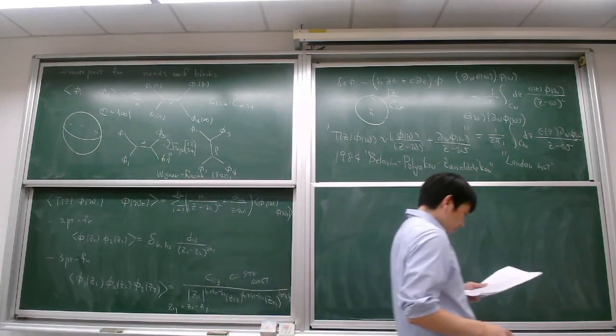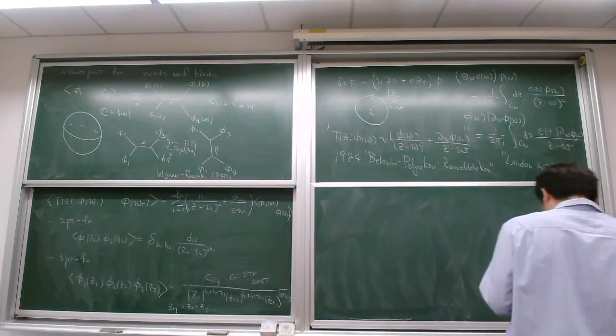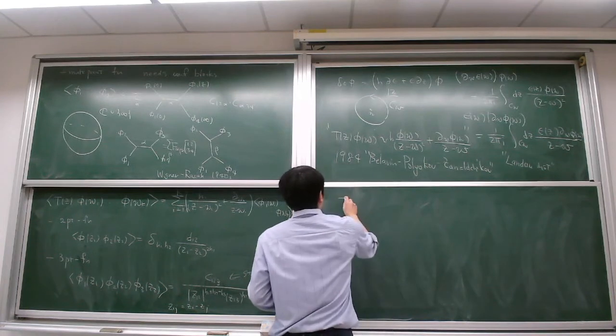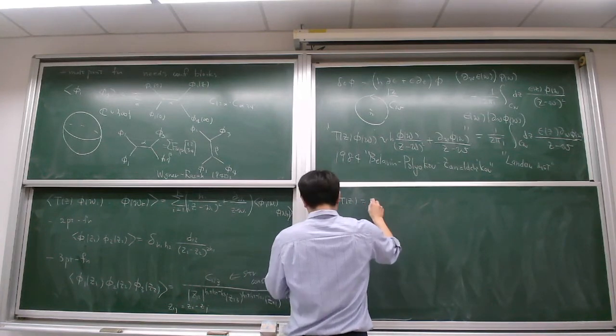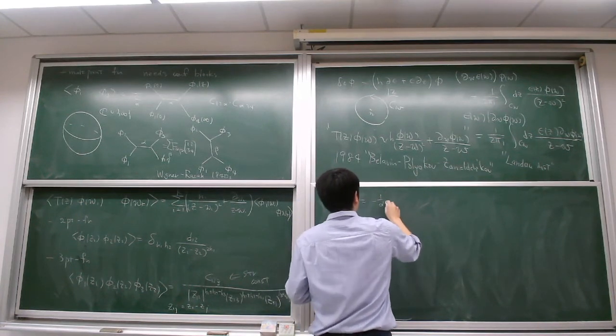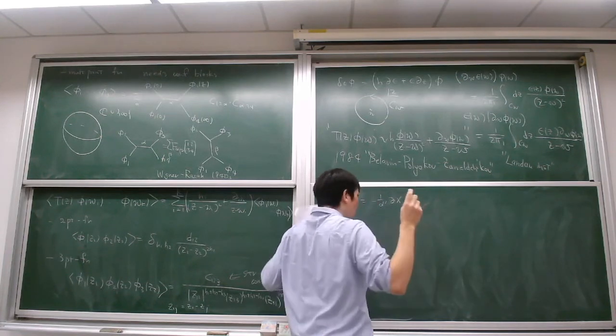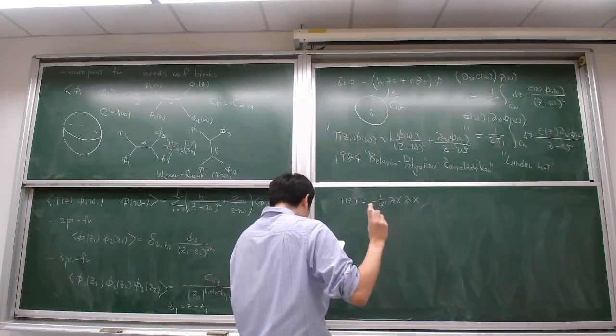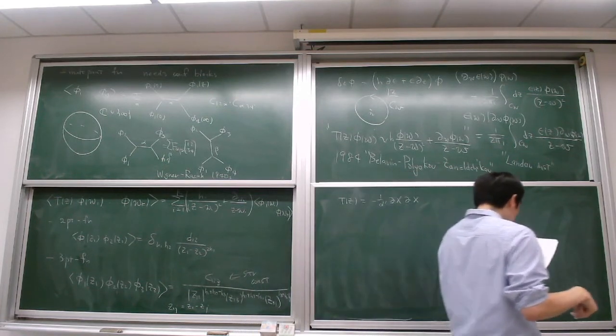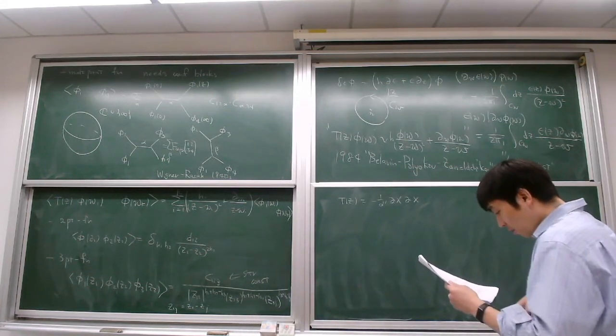So let's look at the Polyakov string theory, in which the holomorphic part of the stress energy tensor is this one. I'm only focusing on the holomorphic part, forgetting about the anti-holomorphic part.